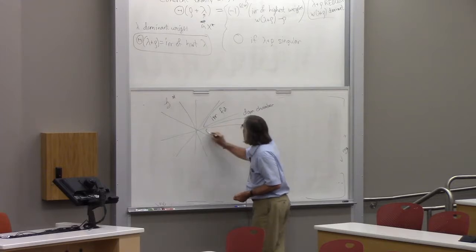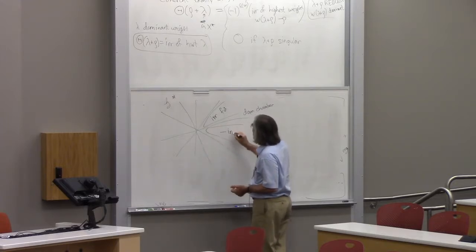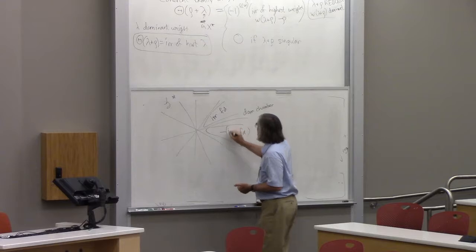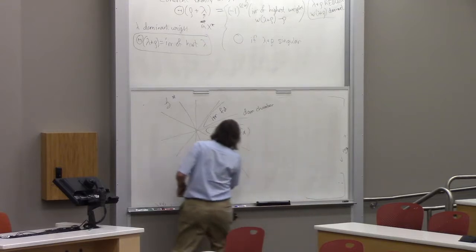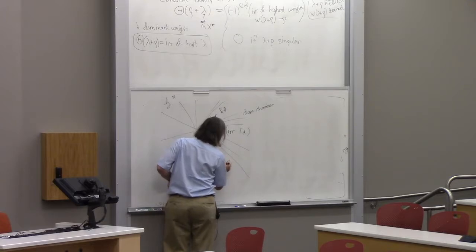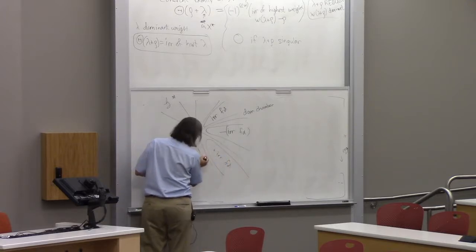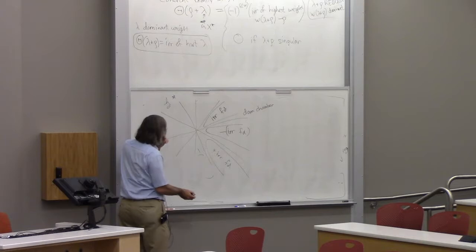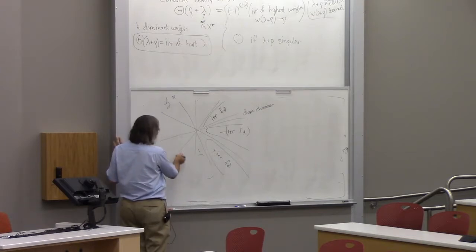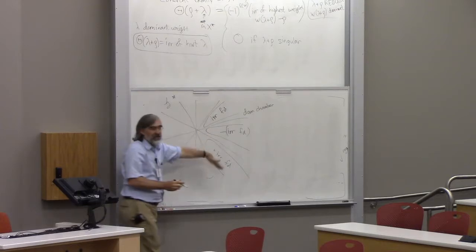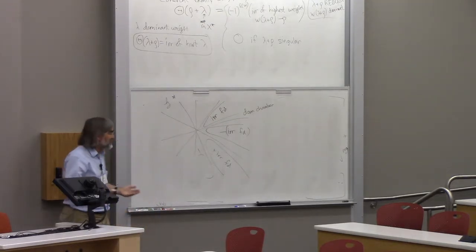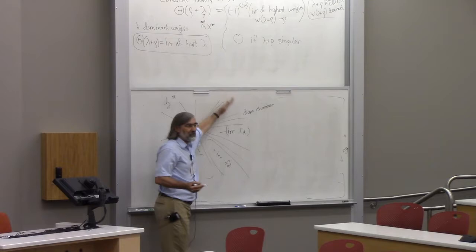And in here, you have minus the irreducible finite dimensional representations. And in here, you have the irreducibles again, and then minus. Anyway, that's the story. In every chamber, you have the same representations, but appearing with signs.